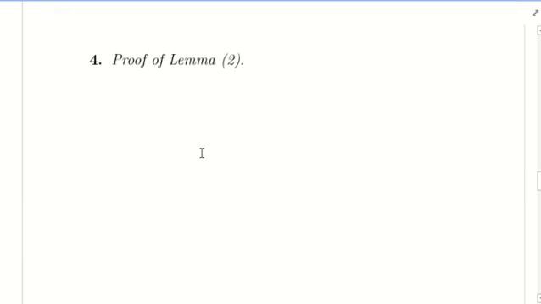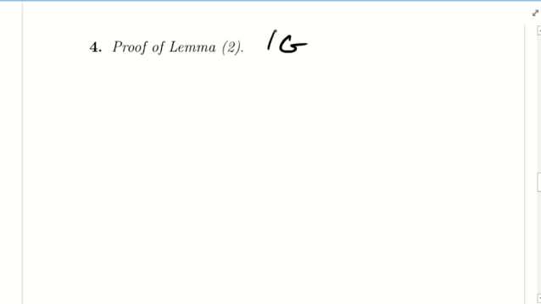Now, lemma 2, the proof of lemma 2 is a little bit long, so bear with me. Here the order of G is just a prime power, okay? And we're going to induct on that power.